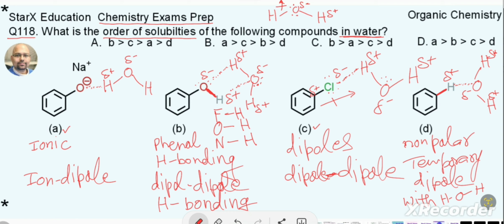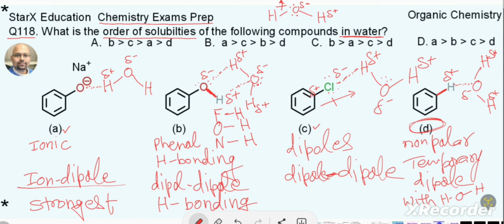So the first choice is that B is more soluble than C, and C is more soluble than A and D. We notice that B is less soluble than A because ion-dipole interactions are the strongest, and London dispersion forces in case of D are the weakest interactions.